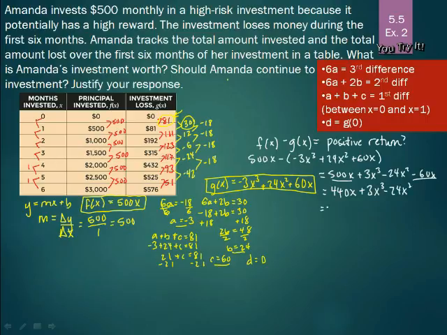Writing that in standard form, looking at this function, we see that for this number of months, it really gets a lot bigger than 500x because we've got a cubic here and it's positive, and so it's going to go up a whole lot faster than her initial equation of 500x.